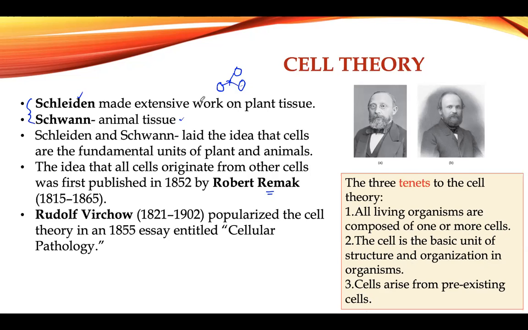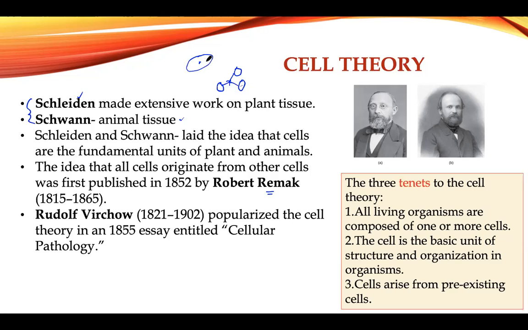If it is a single-celled organism, if an organism has only one cell, this single cell can do all the basic functions of life. It can make food, it can produce energy, it must have sensitivity, it can reproduce.